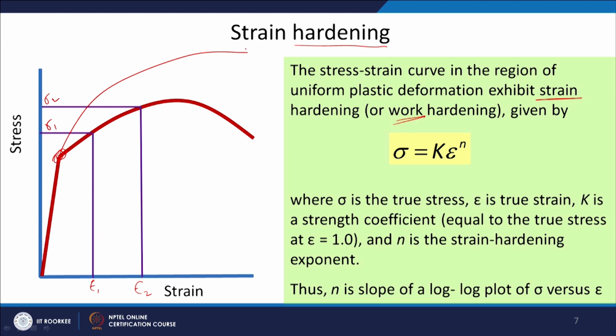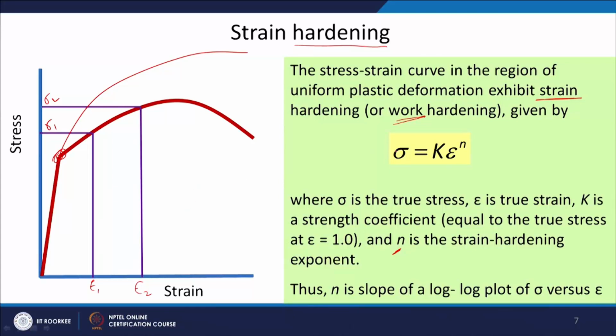So, we will do all the analysis using true stress and true strain. Sigma is true stress, epsilon is true strain, k is a strength coefficient equal to the true stress at epsilon 1. So, wherever you get 100% strain, whatever the true stress value is, that is my strength coefficient. n is the strain hardening exponent. And how can I get that? This particular equation is exponential.